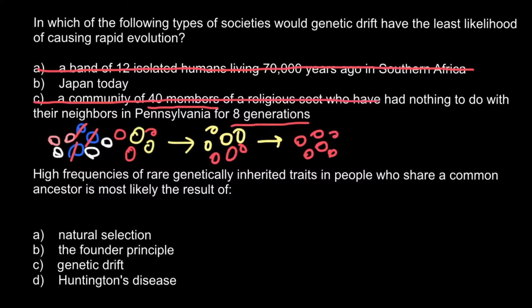So answer C means that such a community can rapidly change from the genetic point of view. Now let's consider the last answer, answer B, Japan today. The population of Japan, if I'm not mistaken, is about 130 million. And just imagine, can this community rapidly change or not? 130 million is a large number.